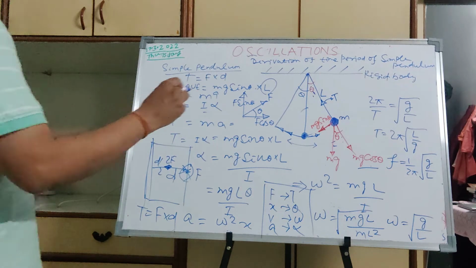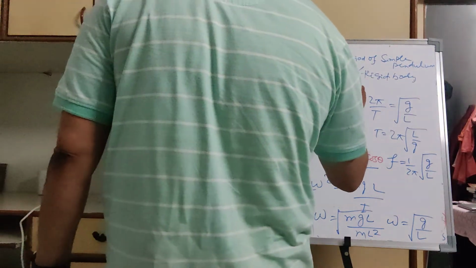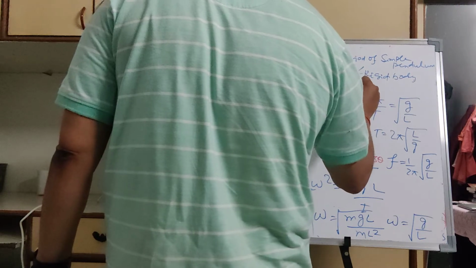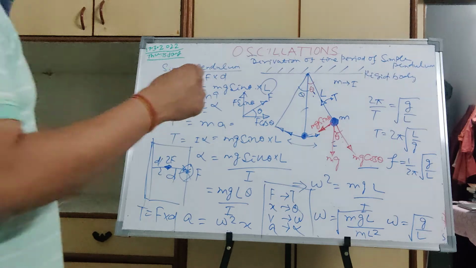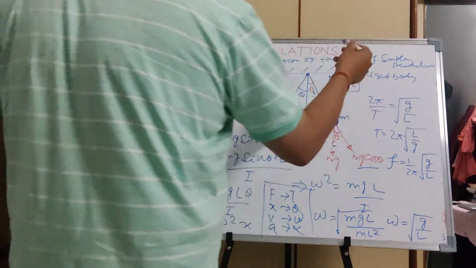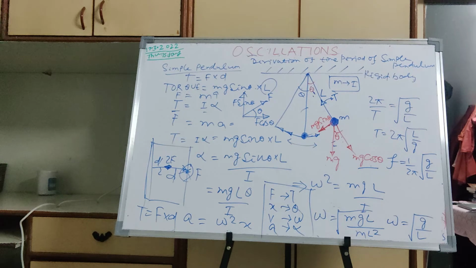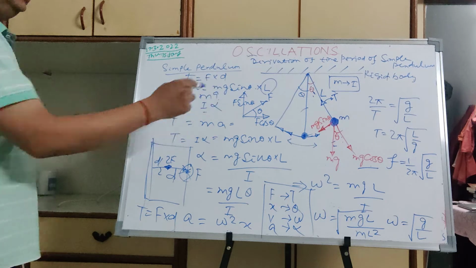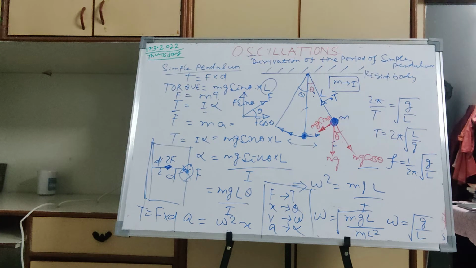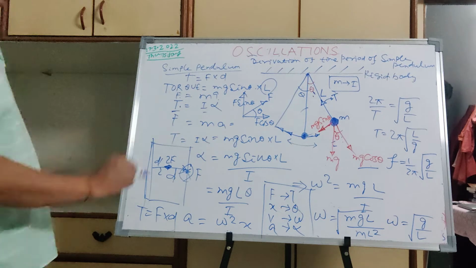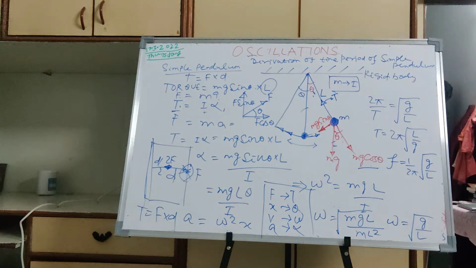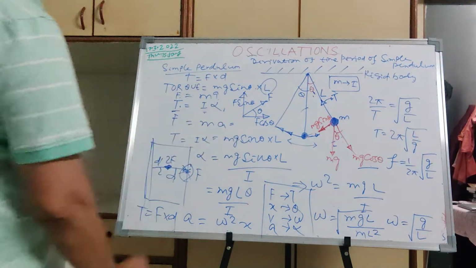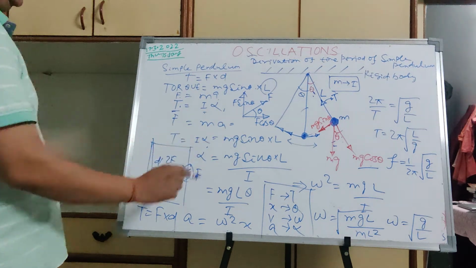The equivalent of mass in linear motion, in angular motion is I, which is moment of inertia. The equivalent of force is torque, and the equivalent of acceleration is alpha. So torque is equal to I into alpha.